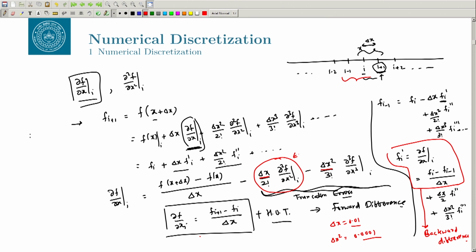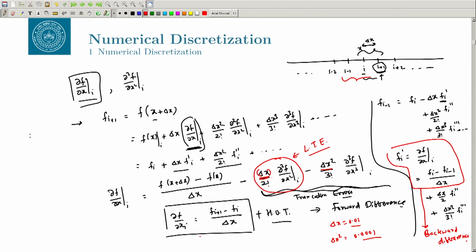This is your leading truncation error, LTE. You have so many truncation error terms, but the leading truncation error is what we will be discussing most, and this is also what gives you the order of accuracy. What is the order of accuracy? Whatever power you have on delta x in the leading truncation error is the order of accuracy. It says with what order your error is going down.